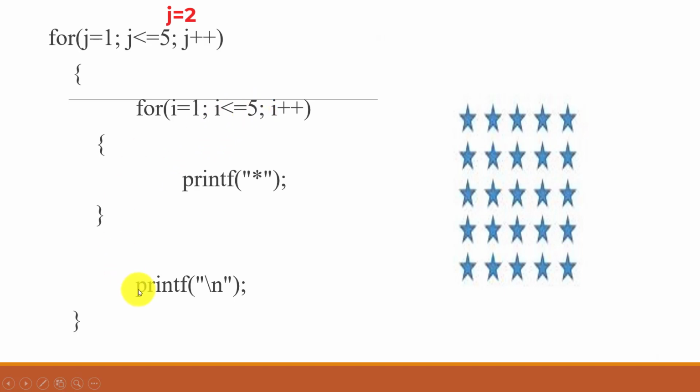Once it is false, it will again print the next line \n, that is the third line, and j is incremented to 3 and it will print the third, fourth and fifth lines. So like that this loop is repeated, and the control goes to the outer loop, and once this outer loop is finished, the program gets terminated. So we'll get this kind of output. So this is the working of this pattern.